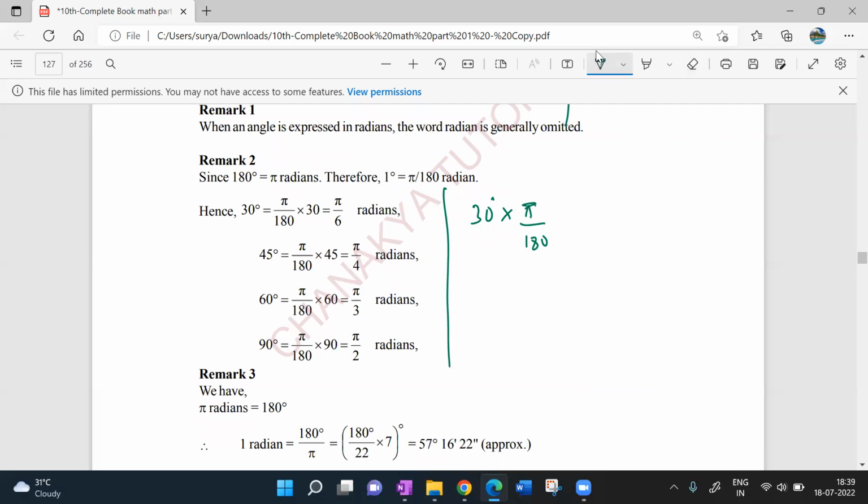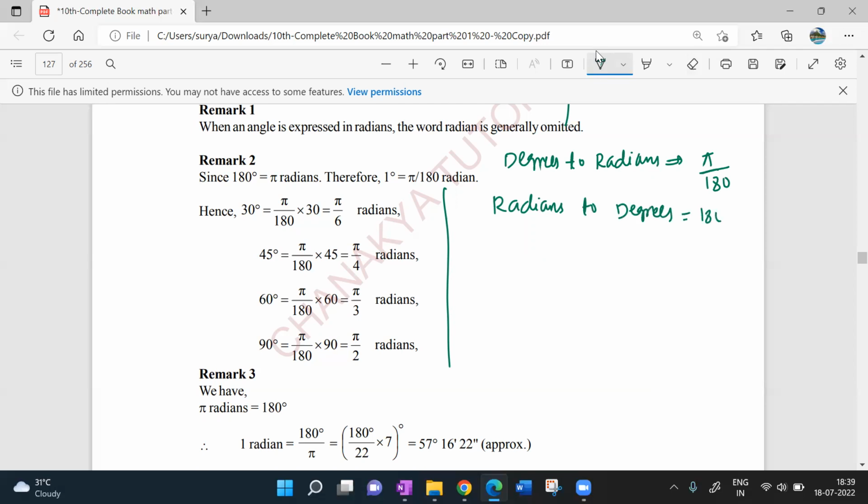Whenever I ask you to convert degrees to radians, I multiply by pi by 180. Whenever I ask you to convert radians to degrees, I multiply by 180 degrees by pi.